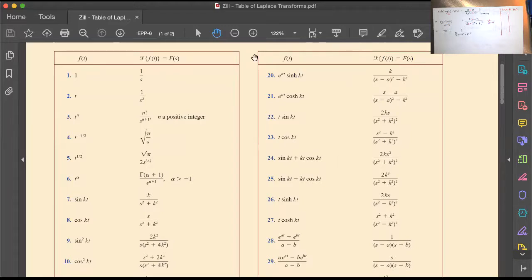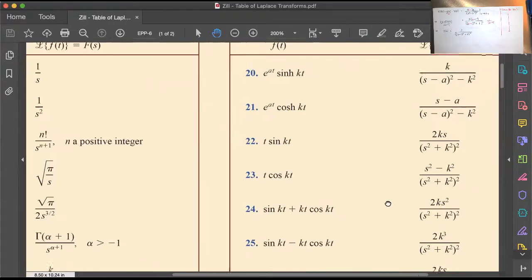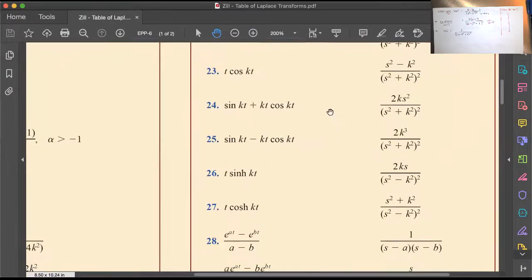It's number 25. I'm going to zoom in a little bit so you can see a little bit better. I've got this expression: 2k cubed over (s squared plus k squared) quantity squared.